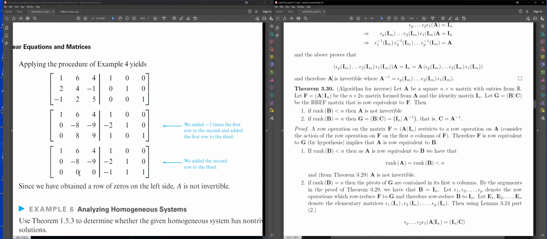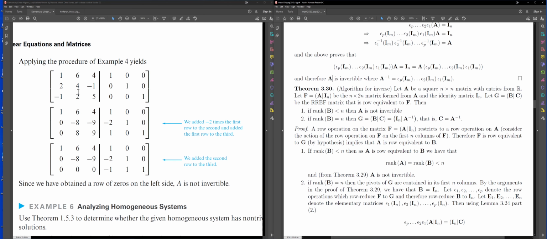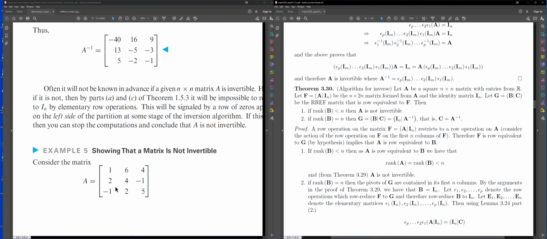If you end up with a row of zeros on the left-hand side, then that means the matrix A that you started off with was not invertible. So one more time: form the augmented matrix A with the identity, apply Gauss-Jordan, and if I end up with a row of zeros on the left-hand side, then the original matrix is not invertible.